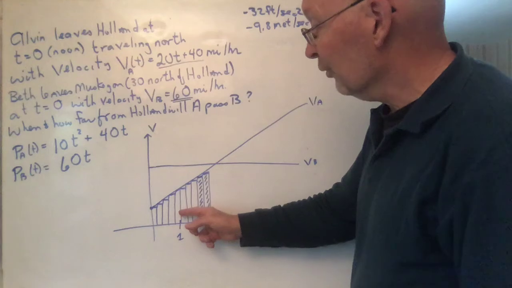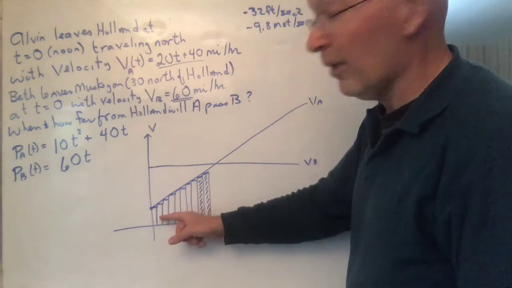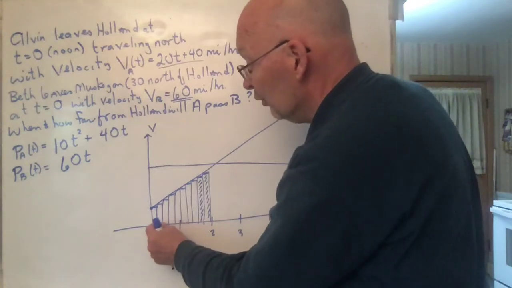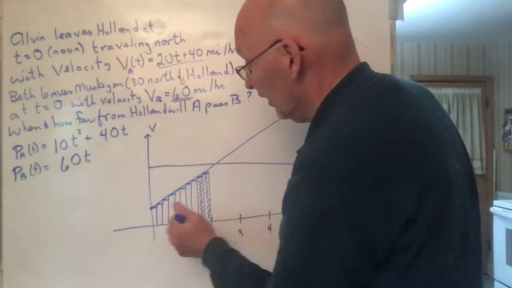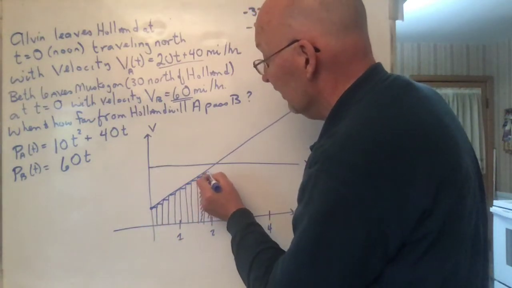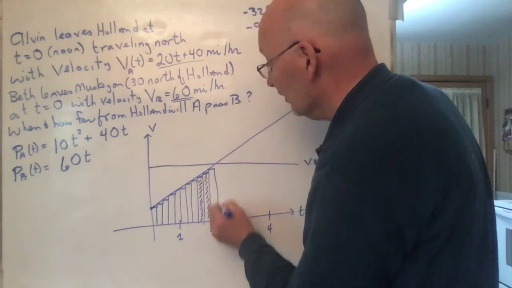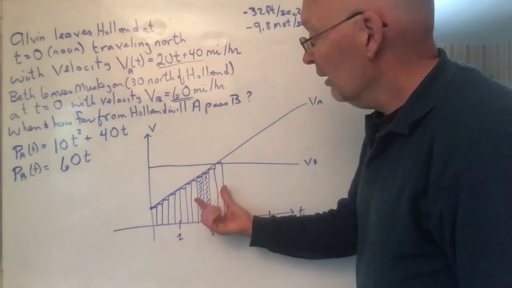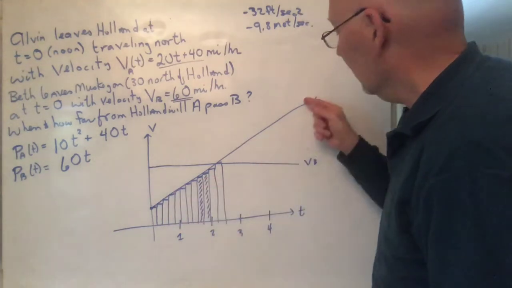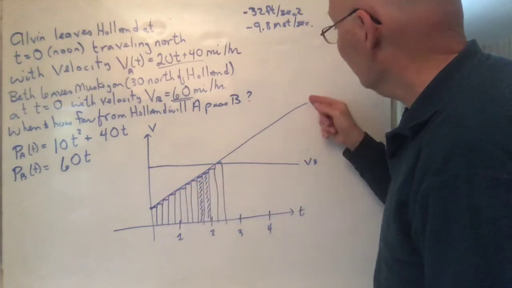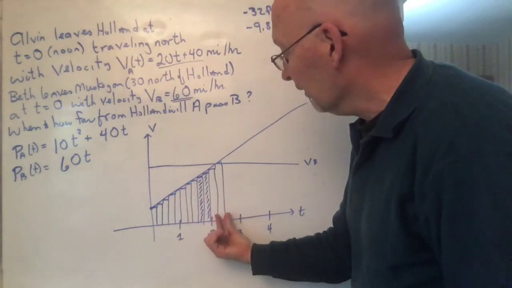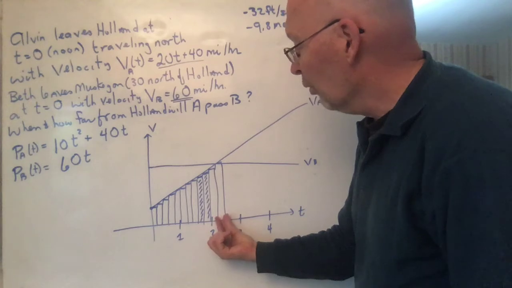And you can also see that you're going to get a better and better approximation if instead of doing it every 10 minutes, you do it every 5 minutes or every 1 minute. And you can kind of see that this is the idea of a limit again, where we're saying, hey, we're going to end up with the area underneath this graph by taking the limit of these little rectangles as you get more and more narrow.